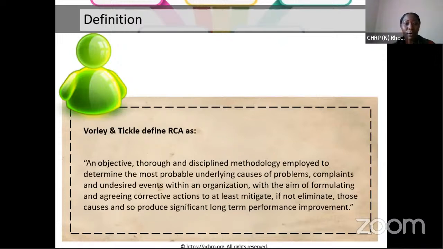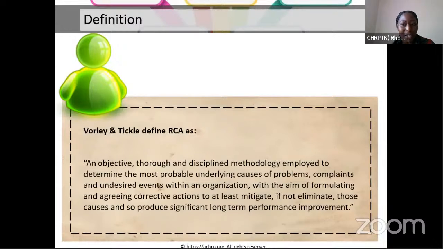So he has talked about a thorough, disciplined methodology employed to determine the most probable underlying causes of a problem. He's not definite, because you could leave others. Complex and undesirable event within an organization, with the main aim of formulating or agreeing corrective action to at least mitigate. He has not committed.